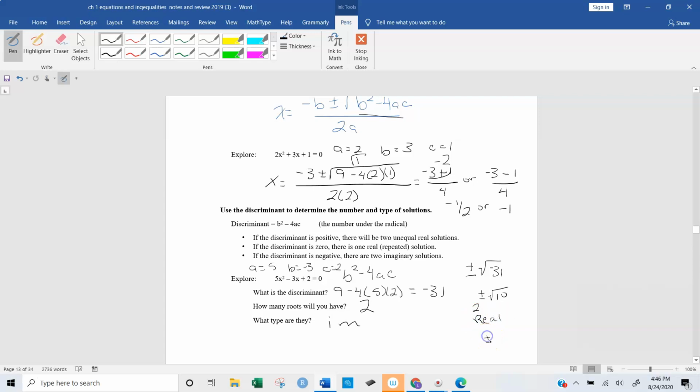If it had been plus or minus and this had been 0 under here, then there's only one root, because no matter what I add or subtract 0, I only get 1, and it is a real solution also. So those are your three options. You get 2 real, 1 real, or in this case, 2 imaginary.